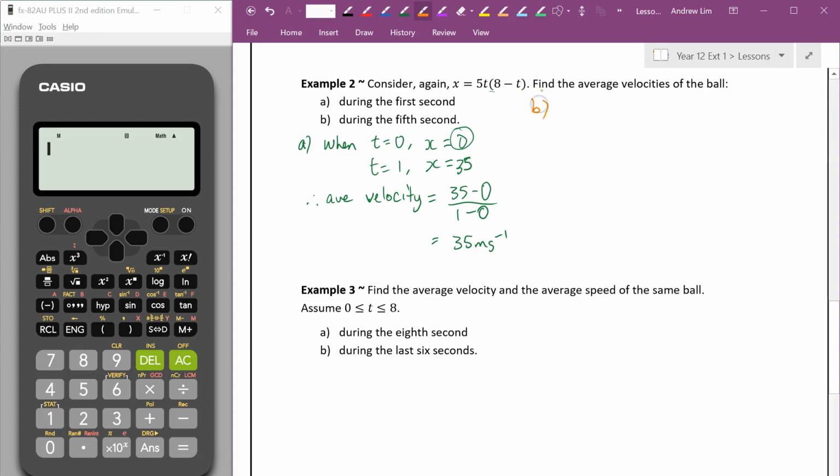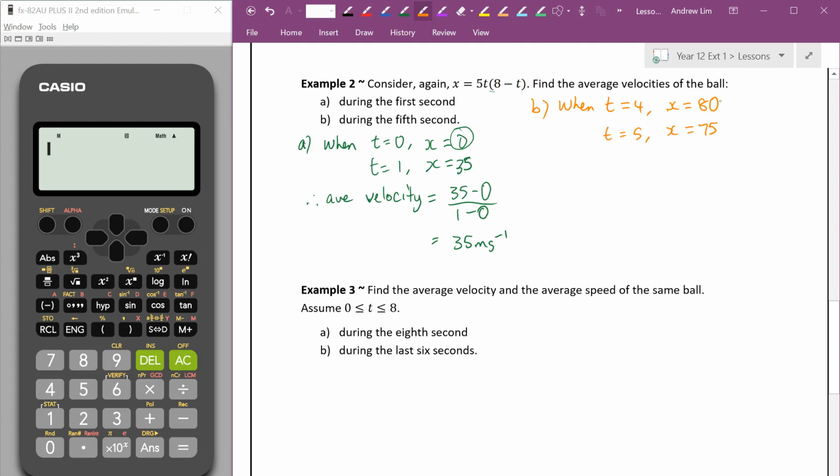Alright, question B. During the 5th second means between t equals 4 and t equals 5. So when t is equal to 4, you can see that the height of the ball will be 20 times 4, which is 80. When t is equal to 5, we've got 25 times 3, which is 75.